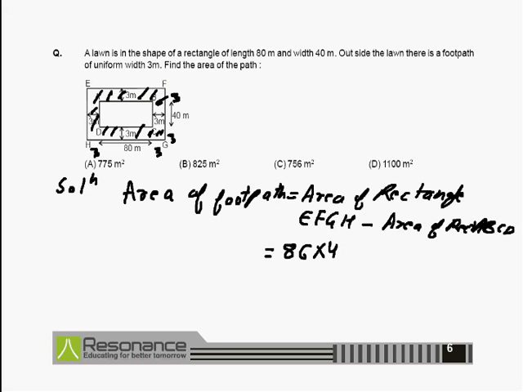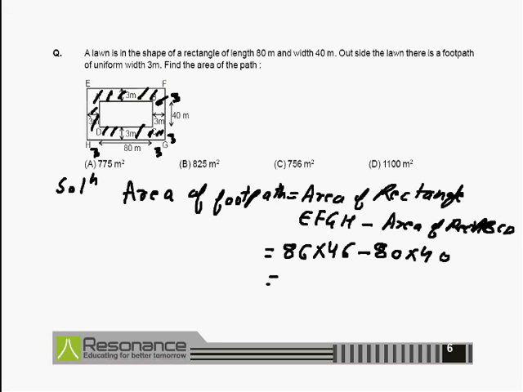So it is 86 into 46 minus the area of the rectangle ABCD. The length of the rectangle ABCD, that is CD, is 80 meter, and the width of the rectangle ABCD, that is BC, is 40 meter.